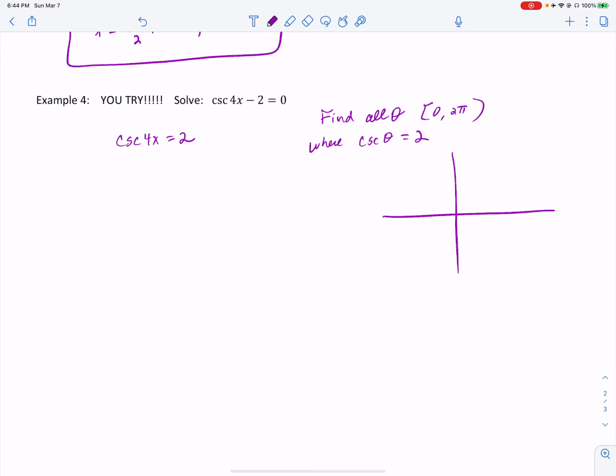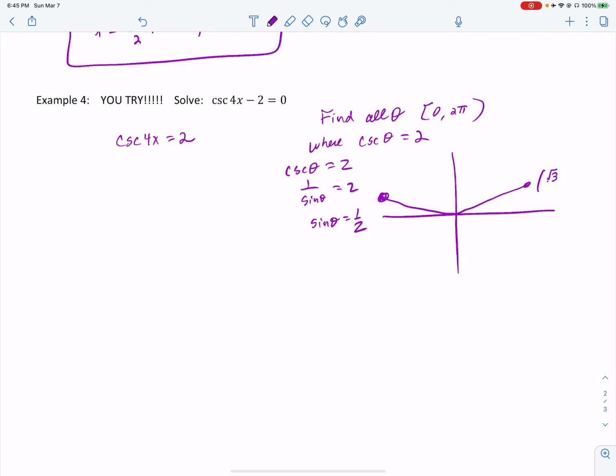So I'm thinking, well, if cosecant theta is 2, since 1 over sine theta is cosecant, that means sine theta is 1/2. It's easier for me to think about it that way. And sine is 1/2 at pi sixths and at 5 pi sixths.